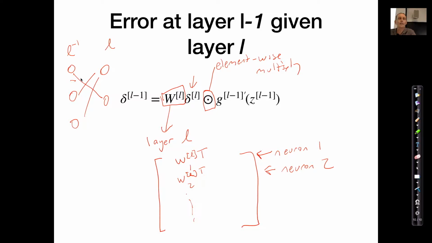If we look at a weight on one of these edges, let's just say it's 3. What layer is that weight actually in?